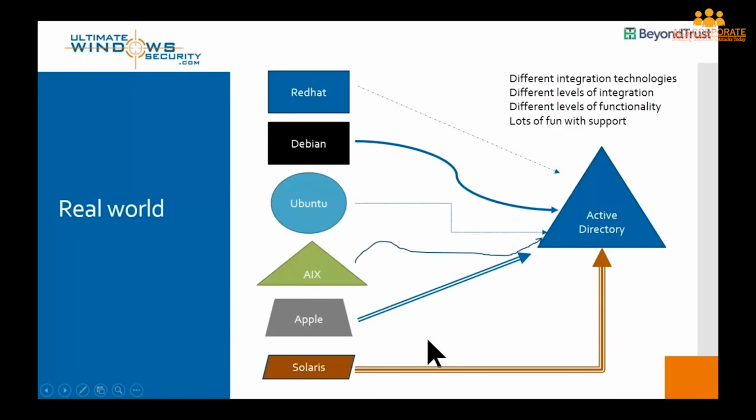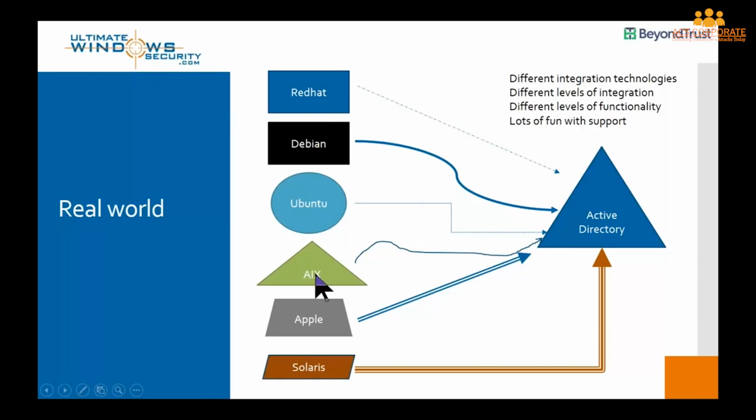So what's the real world? Can any given distro of Linux integrate with AD? Sure it can. Any modern distro has SSSD, and you're going to be able to get it to work. But I've chosen a different line format for each one of these to point out that we end up using different integration technologies.